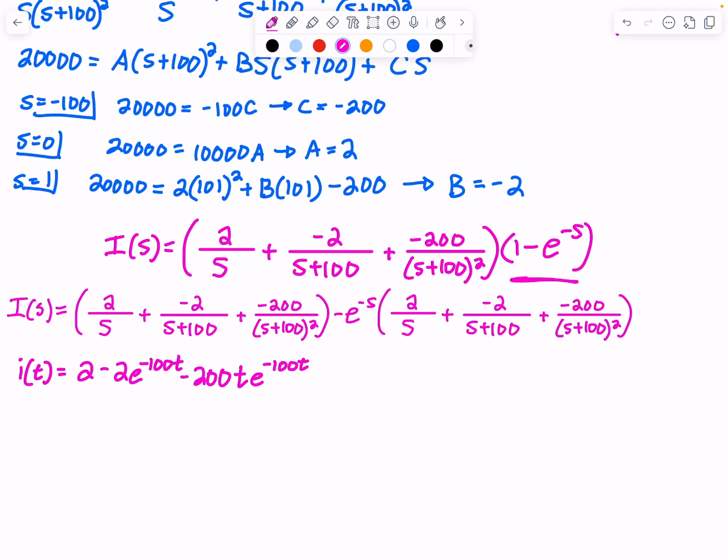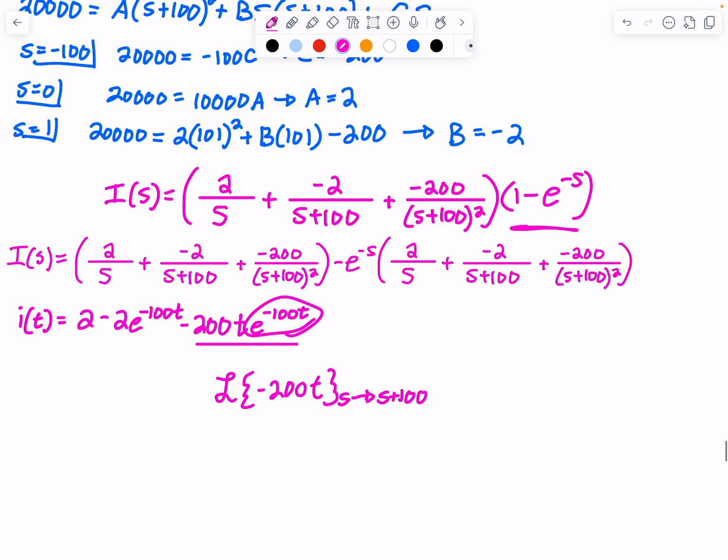What's happening here? It's kind of confusing, but if we were to take the Laplace of this thing, the e to the negative 100 part tells me to do the shift in s, like I'm going to now do the Laplace of negative 200 t, and then remember we change s to s minus 100, or plus 100 rather. It's the opposite there.